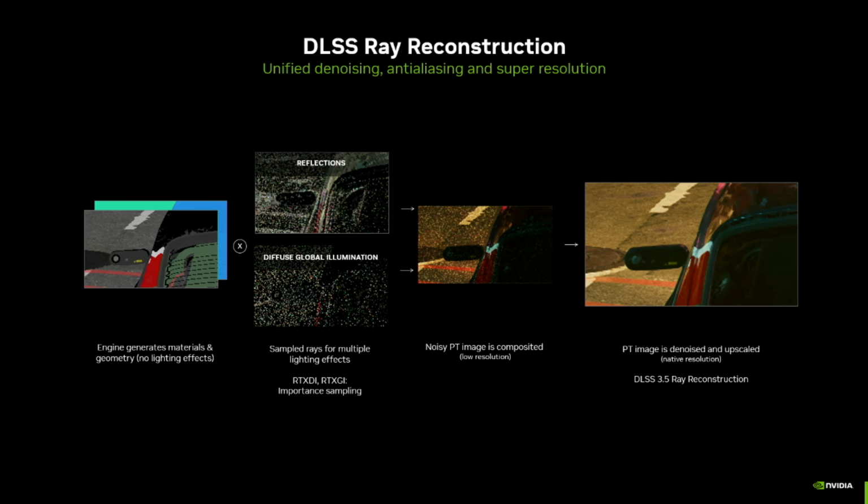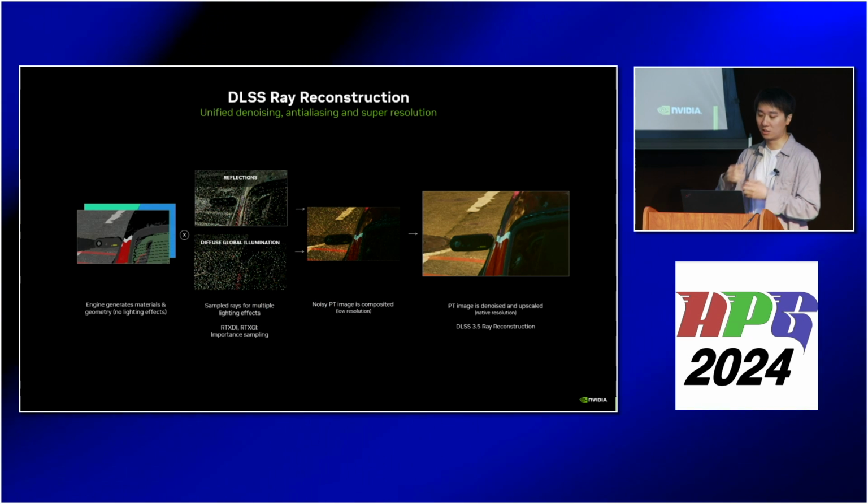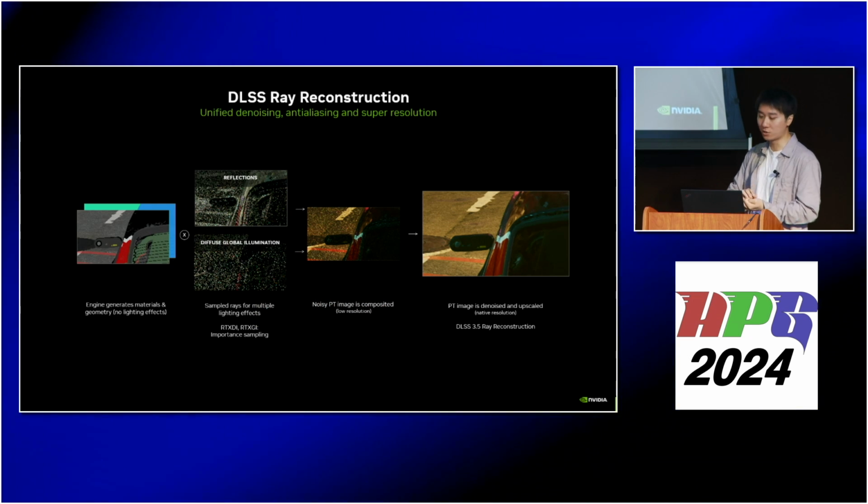Instead of running the denoiser, we now simply composite all the noisy color buffers together without denoising them. So the input to ray reconstruction is low resolution, aliased, and also noisy.